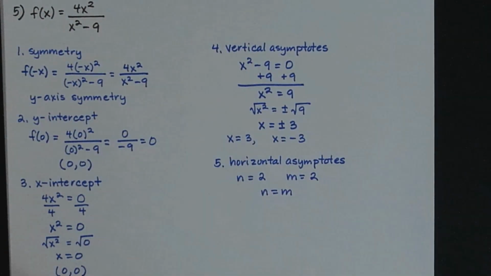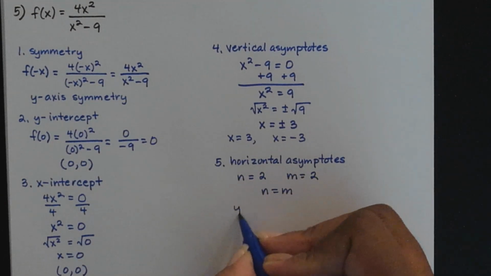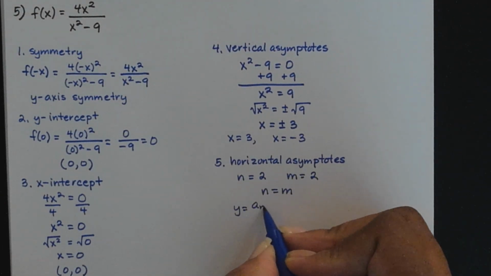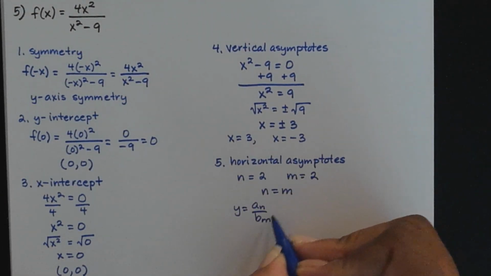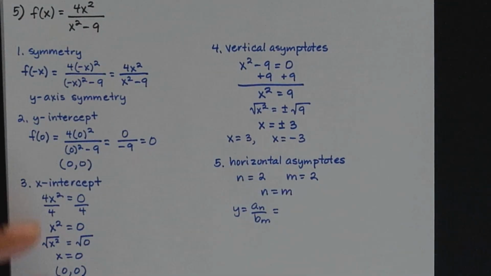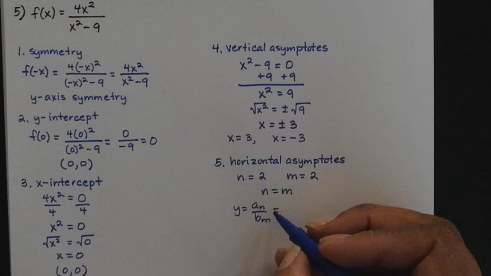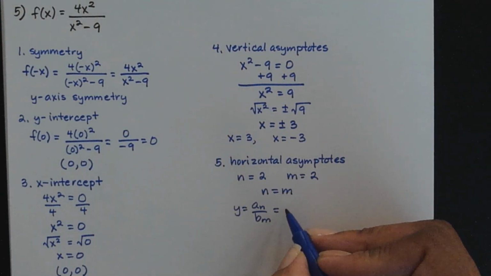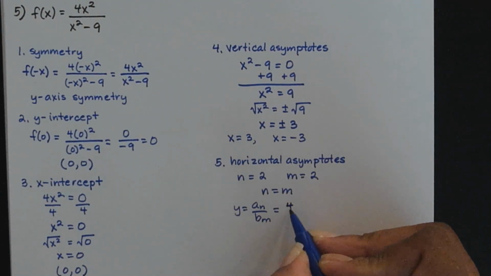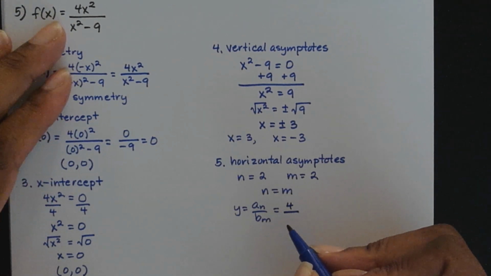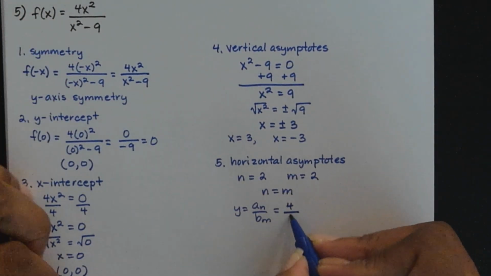So n and m are equal to each other. So that means that for my horizontal asymptote, I have to use my leading coefficients in the numerator and in the denominator. What would be the leading coefficient in the numerator? 4. What's the leading coefficient in your denominator? 1.